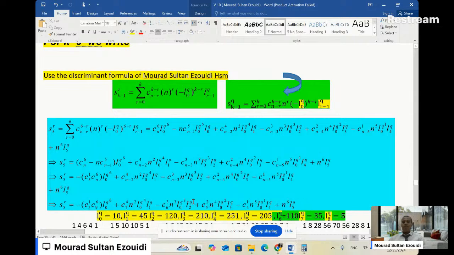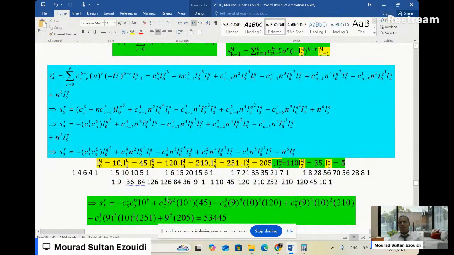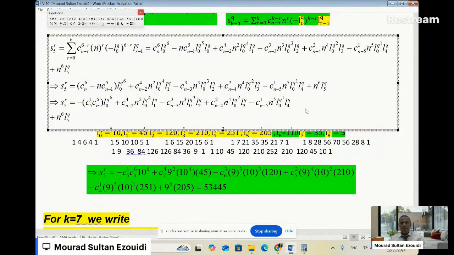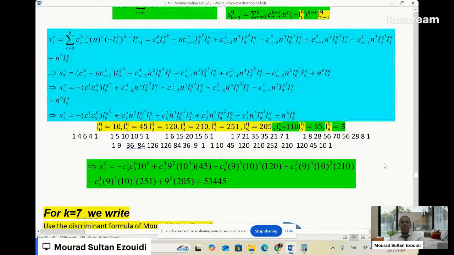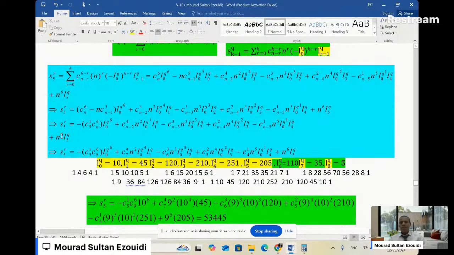Now, my kids, I'm going to calculate this one. You see this one? This is S5, written in terms of the coefficients on the highest power. So this is the general formula. Plus n raised to the power 6 times L5 for the cube.